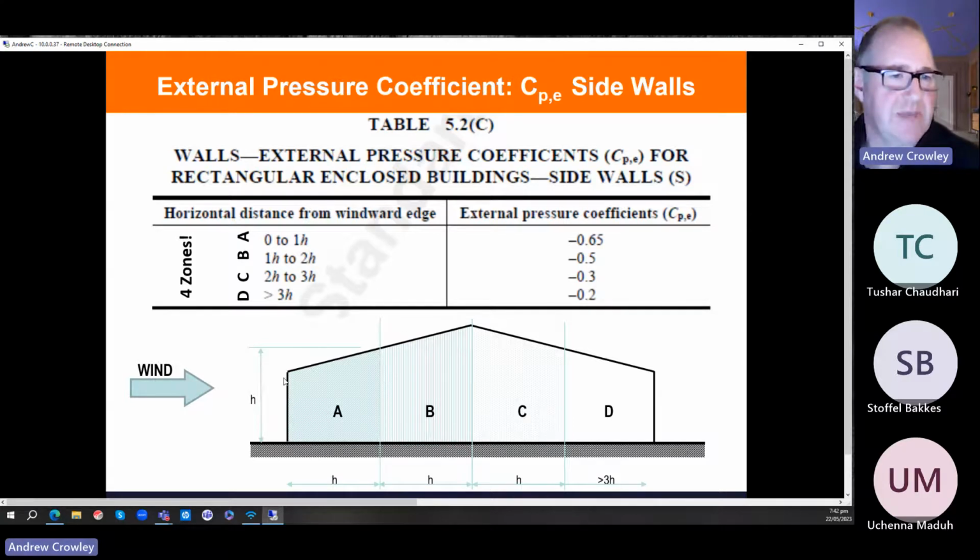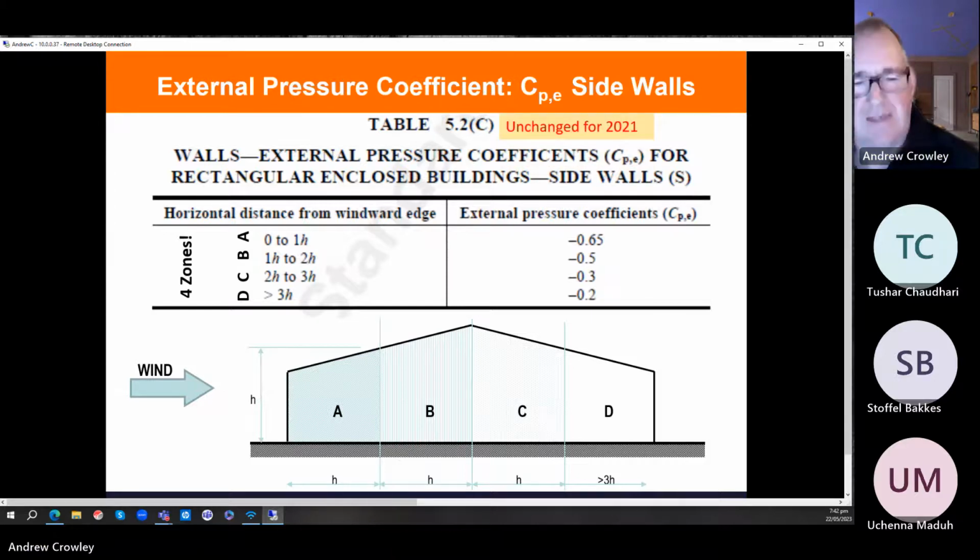So this is going to be the maximum wind zone on the side. Whereas if you're beyond 3 times the height of the building, you're down to a 0.2. Bear in mind, these are external pressure coefficients. These are not local pressure coefficients, local factors. It's unchanged for 2021.